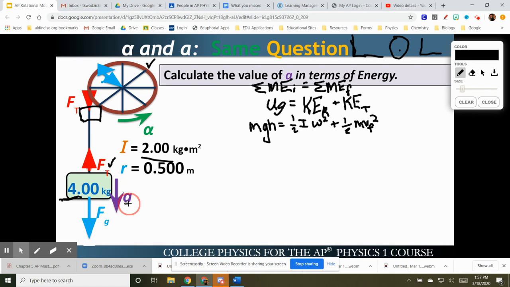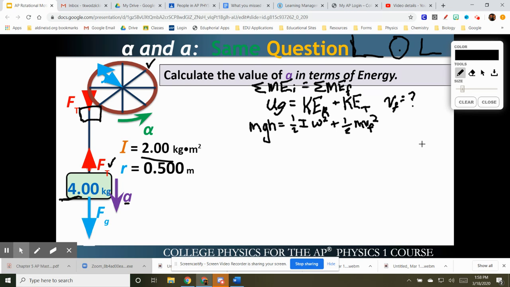Remember, what we're trying to get to here is the hardest variable to solve for, and that's why we're doing it. We're trying to get linear acceleration, right? So you should intuitively know that if the block starts at rest, velocity initial, and if we solve for velocity final, then we should be able to get acceleration pretty easily, right? Because linear acceleration is velocity final minus velocity initial all over time.